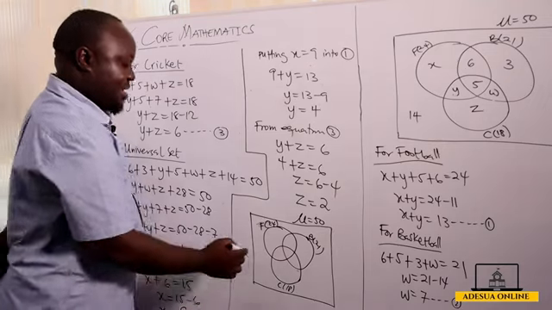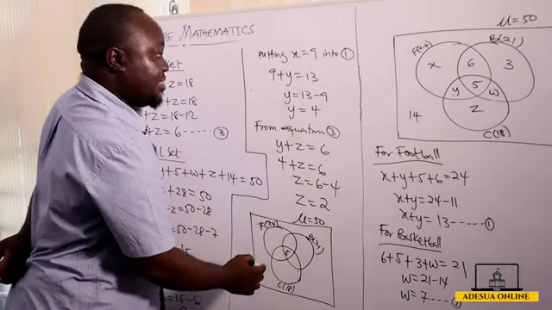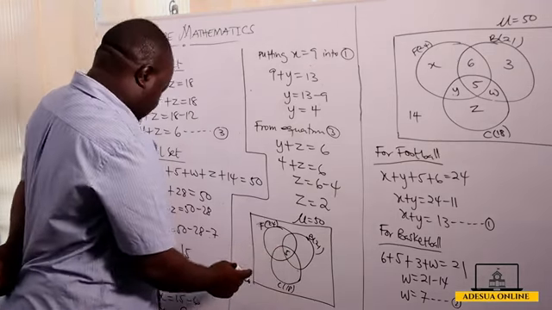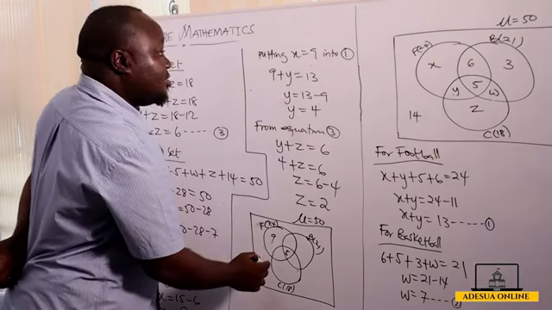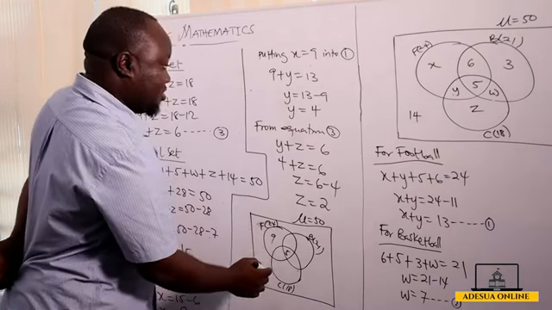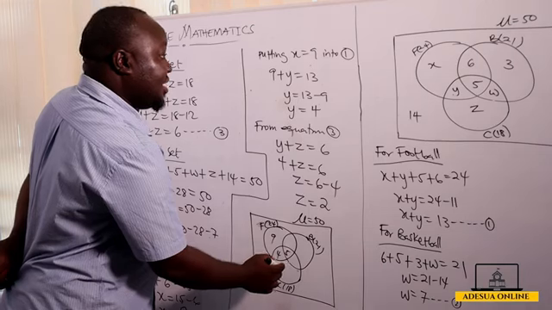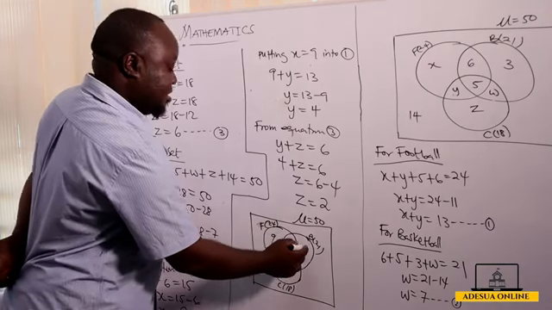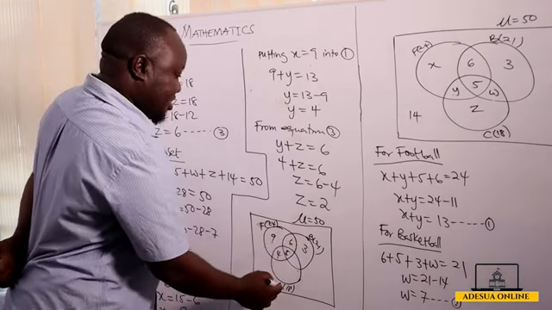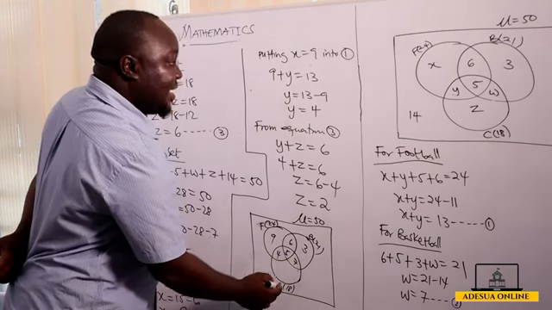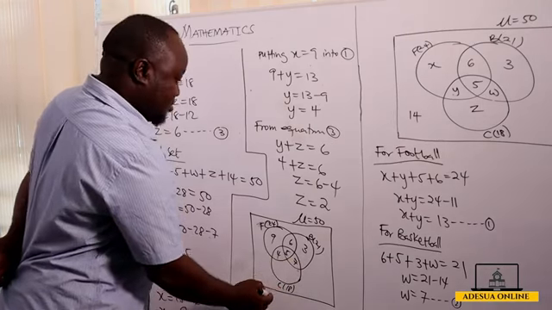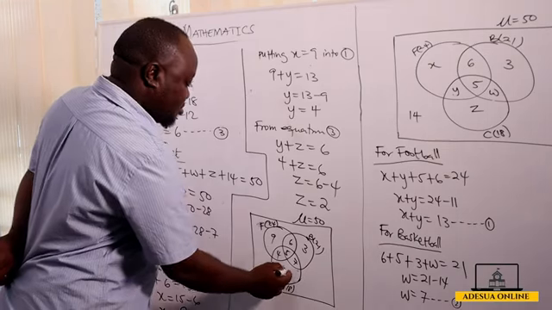And we have our 5 for all three. Our x is 9. We have y to be equal to 4. And then we have our 6 here. This is 3. Our w is equal to 7. And then our z is equal to 2.